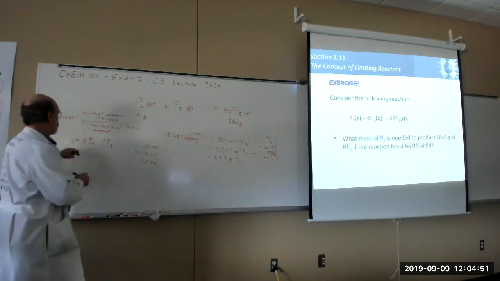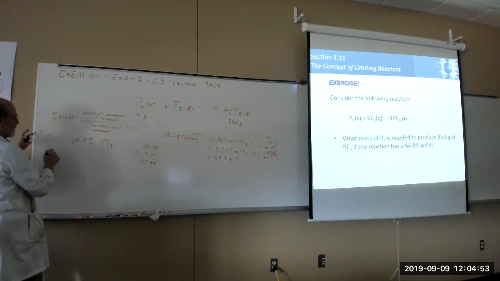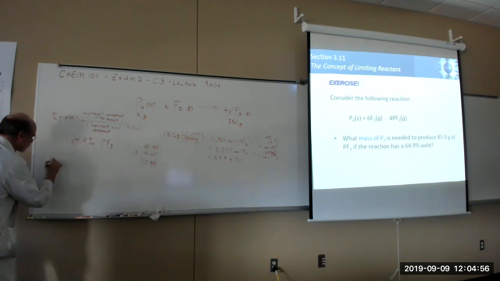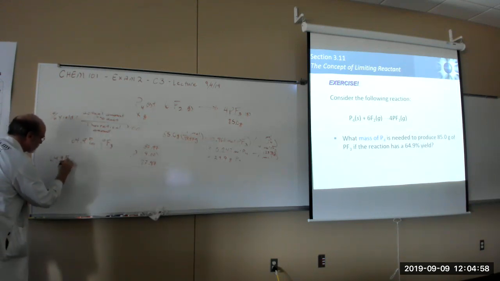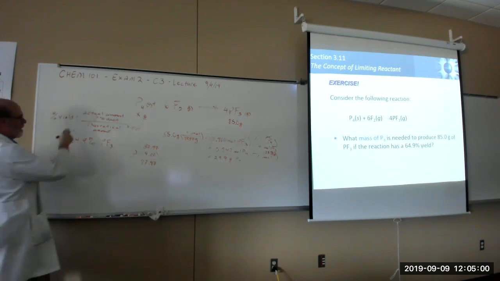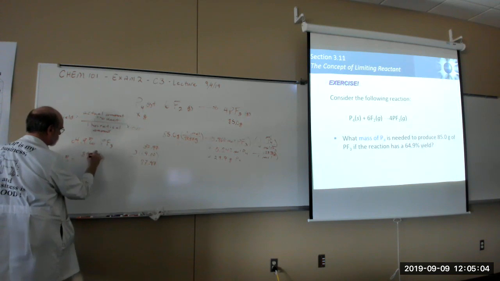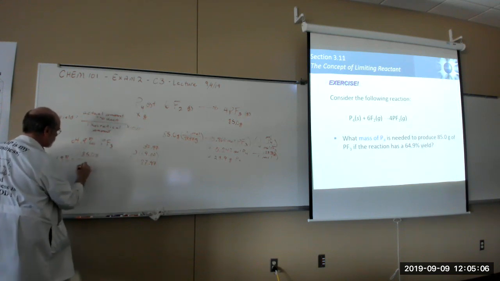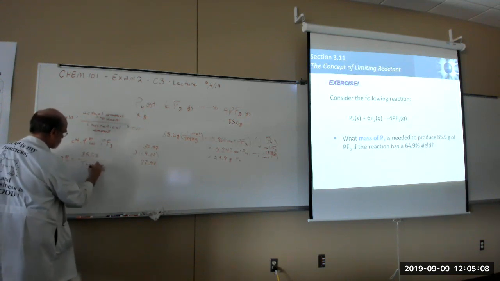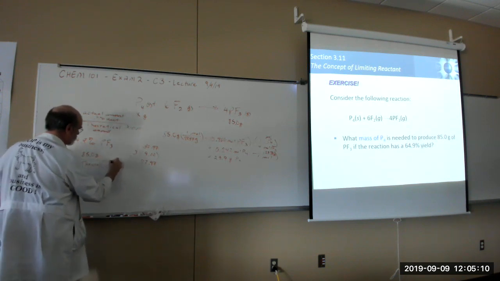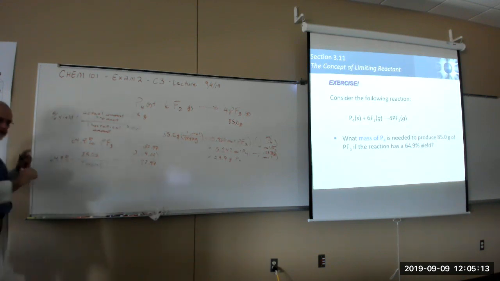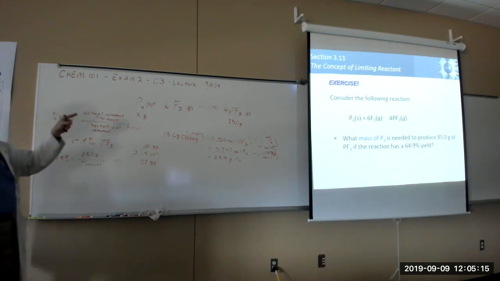So if we take that formula and we say 64.9% equals actual amount, which is 85, divided by theoretical amount times 100, then we can find out what's the theoretical amount we need to shoot for.